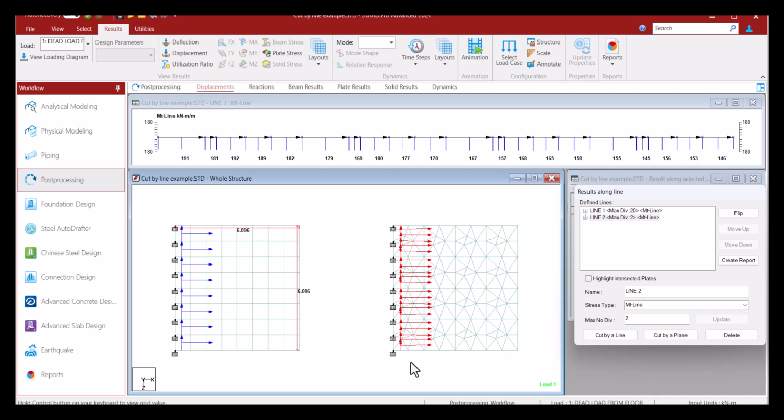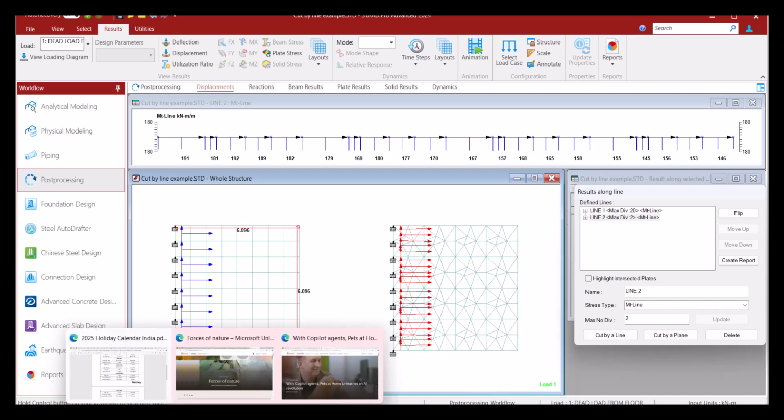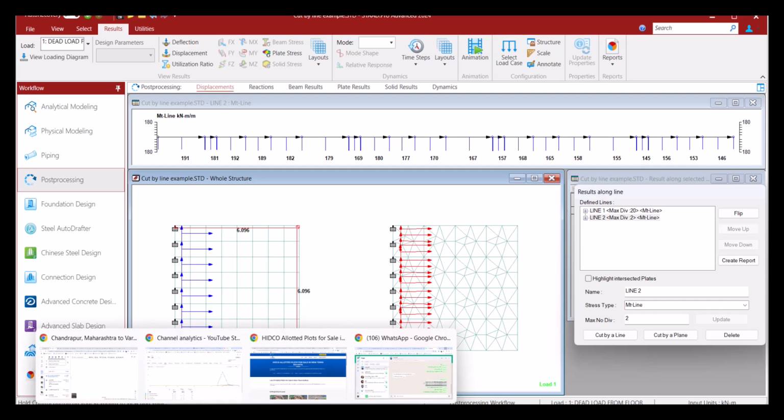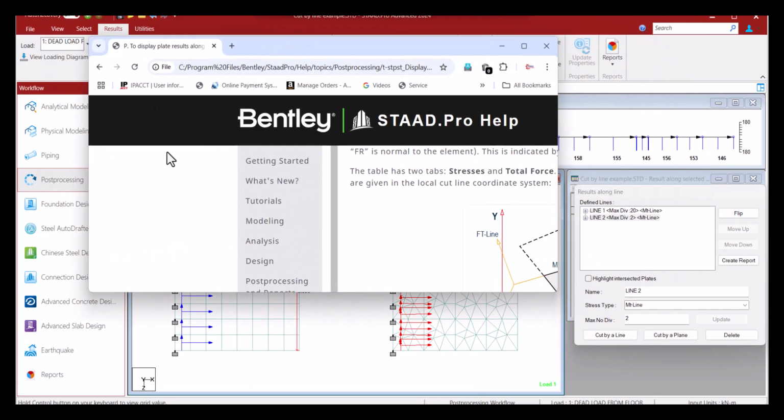Okay, now, first of all, let's interpret this notation here. Now this is very straightforward. Rather than drawing something here, it's already explained in the help manual, so maybe I can just bring it here.